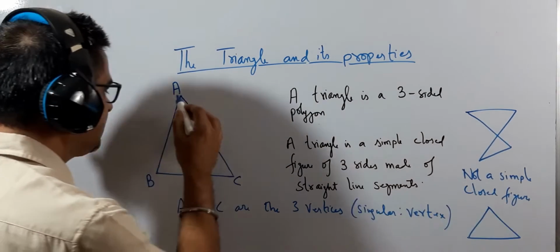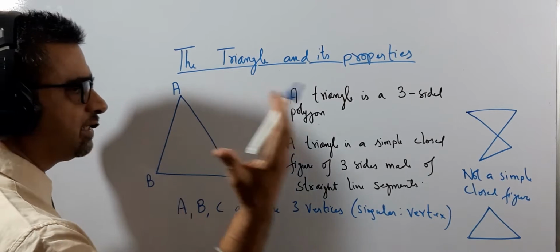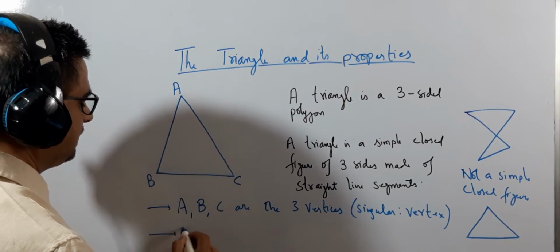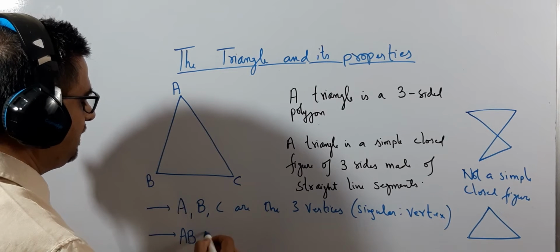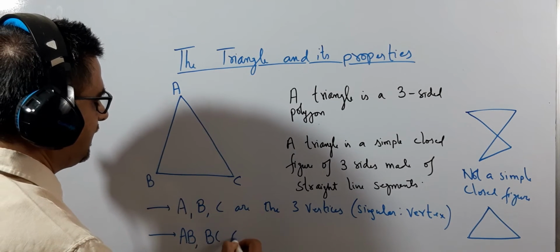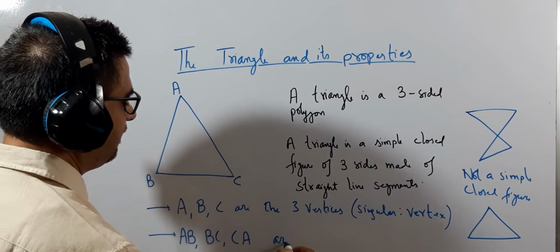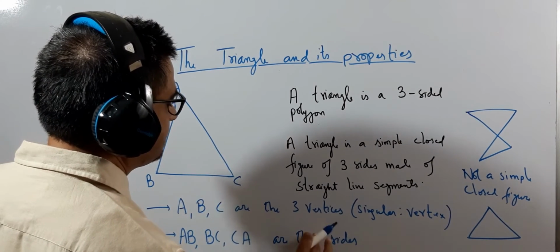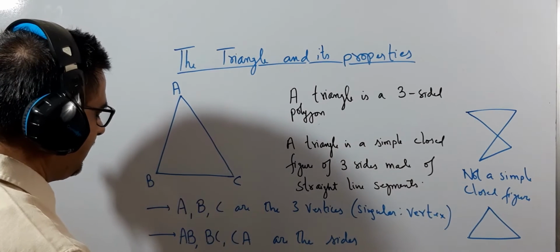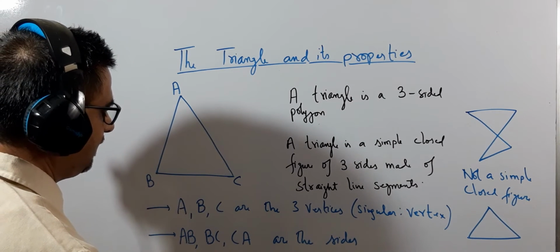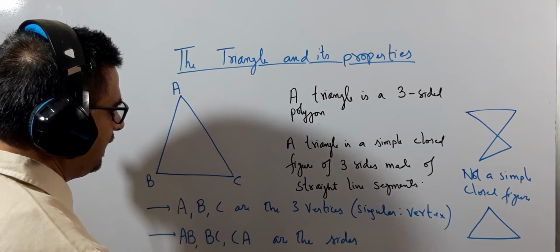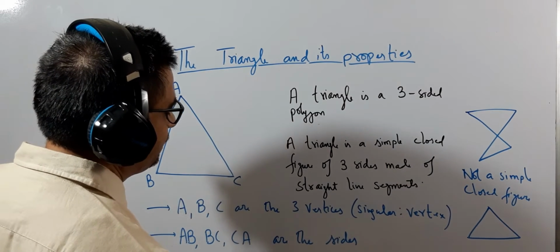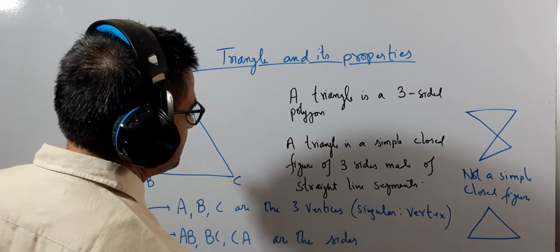So A is a vertex, but A and B and C are vertices. That's how we call them. This is one. And the second set of elements AB, BC, and CA are the sides of this triangle. And angle A, angle B, and angle C are the three angles.